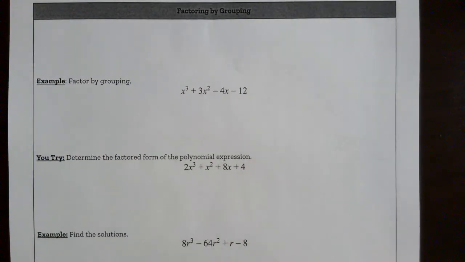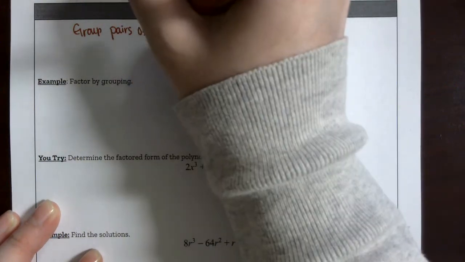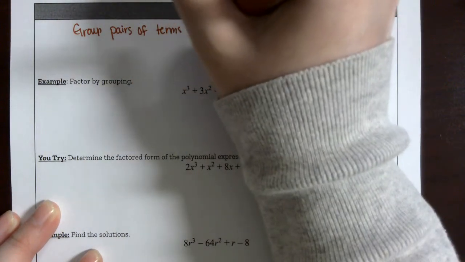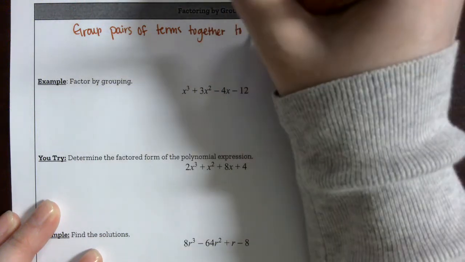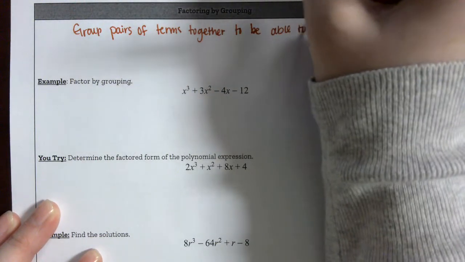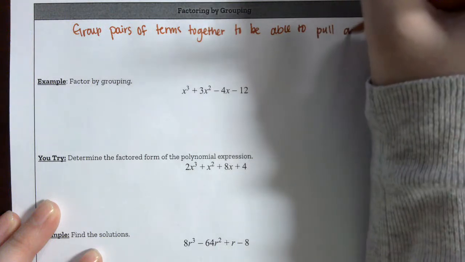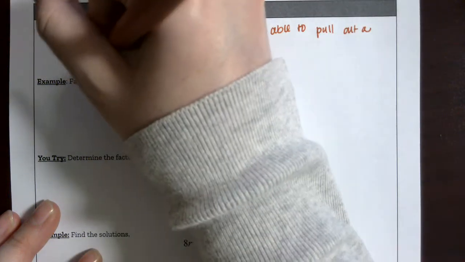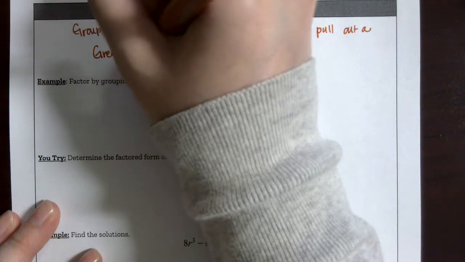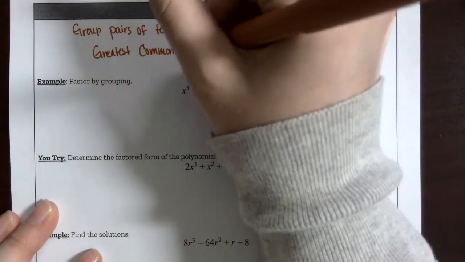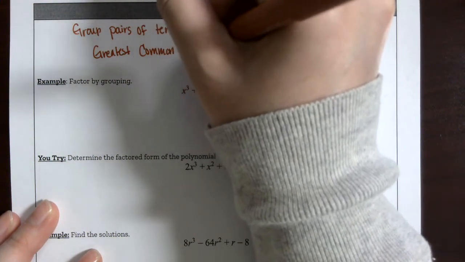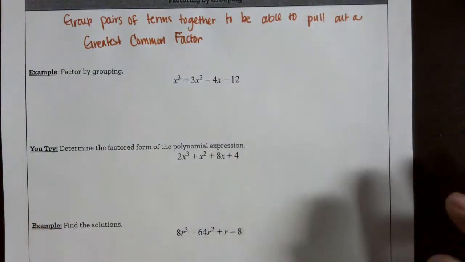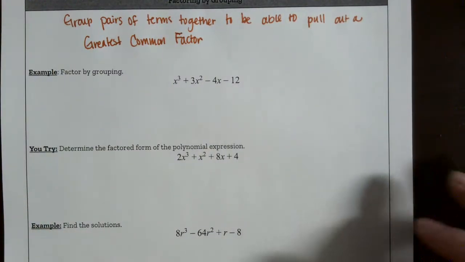As the name suggests, what we are going to do is group pairs of terms together to be able to pull out a greatest common factor. So that's kind of the general idea.